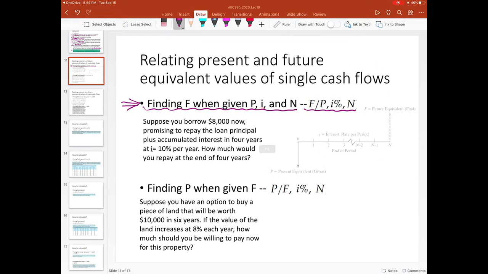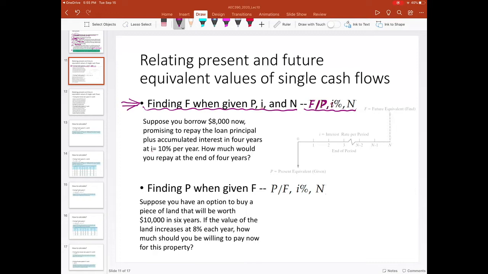So here is how you write it. F means what you want to find out. So you put the first letter as what you want to find out. If you put F at the beginning of this term, it means you want to find out F, and the slash means given. So find out F given what condition?